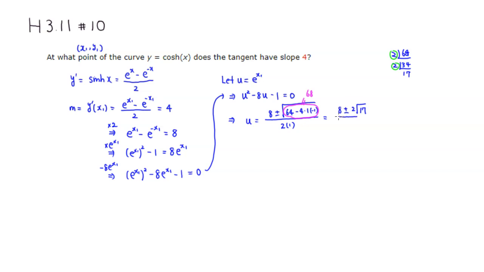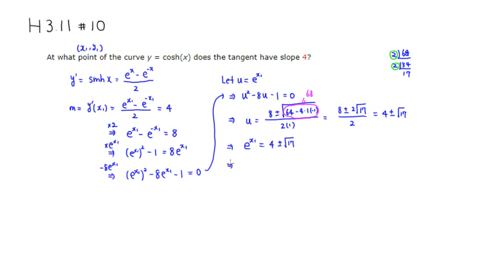And then we're going to divide by 2. So 8 divided by 2 is 4, plus or minus 2 square root of 17 divided by 2 is square root of 17. But remember that u is originally e to the x1. So we set that equal to 4 plus or minus square root of 17.